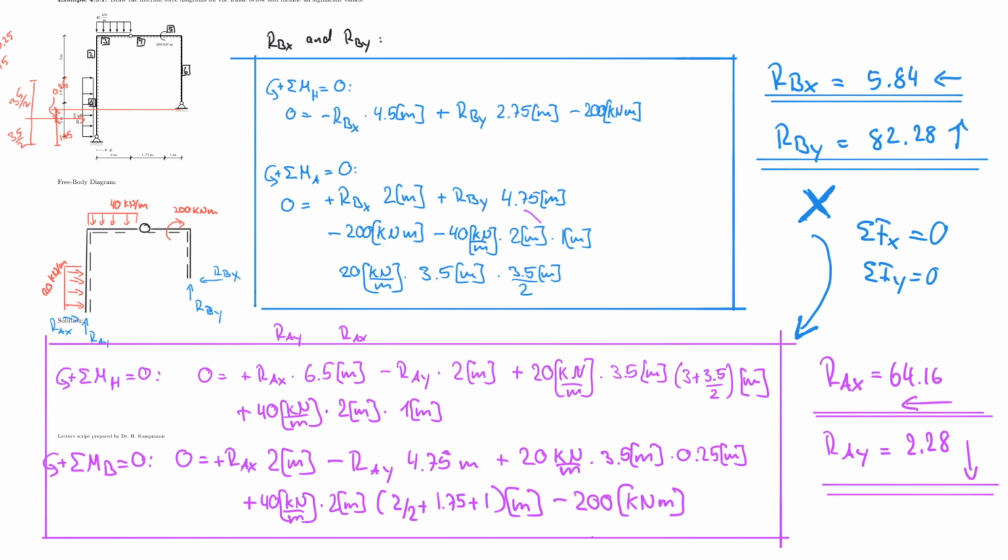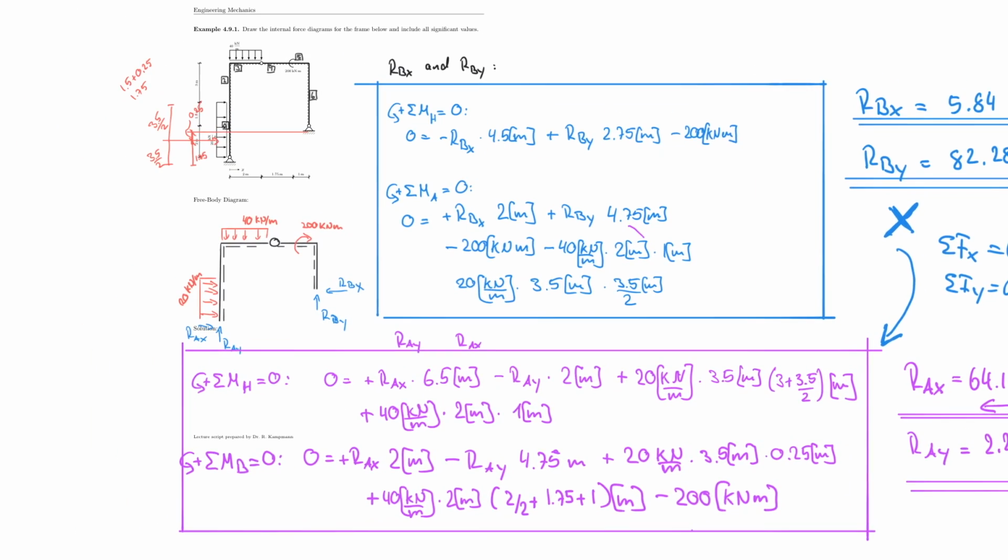But this way it's a good check to see if I was right and if equilibrium works out. So one way or the other, you always want to check your results, and this is how I can do it here by doing the moment calculations first and then using sum of the force in X and sum of the force in Y for this to balance.